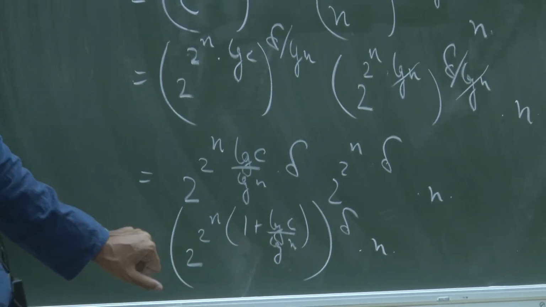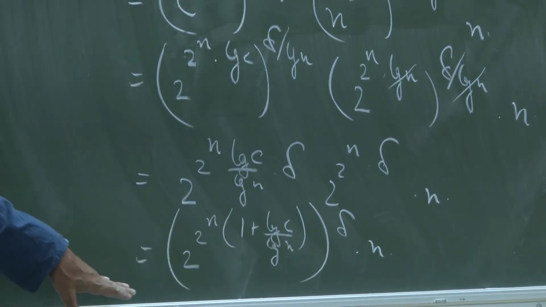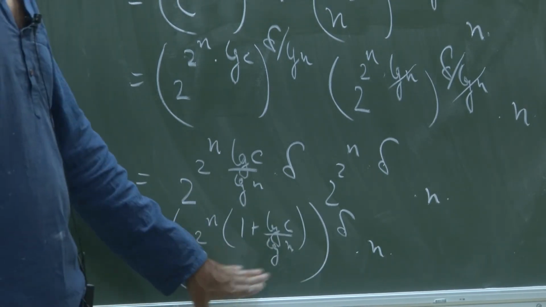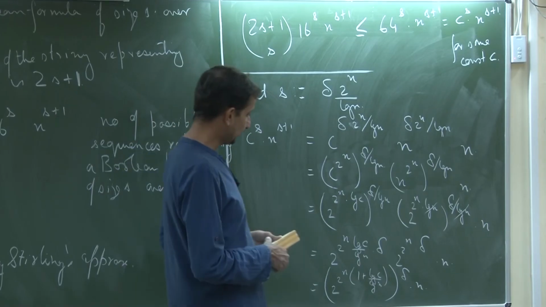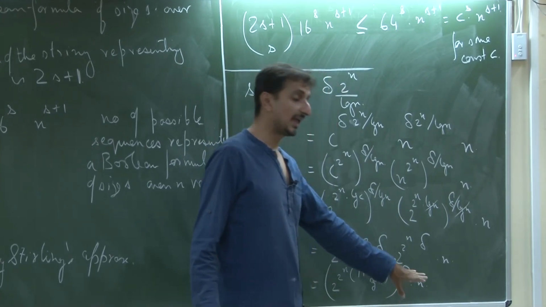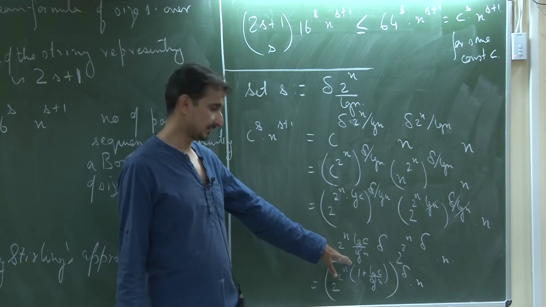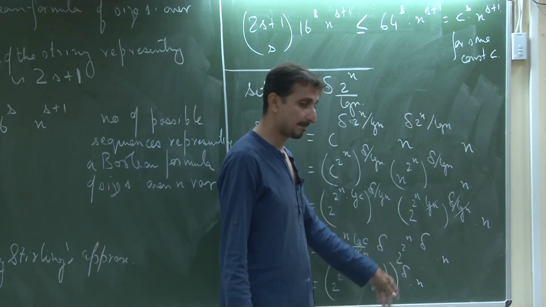So, therefore, this entire quantity is asymptotically smaller than 2 to the power 2 to the power n. Delta, we can take delta to be any constant less than 1.